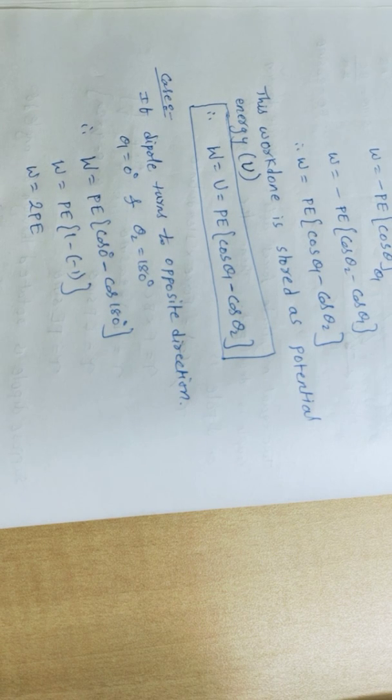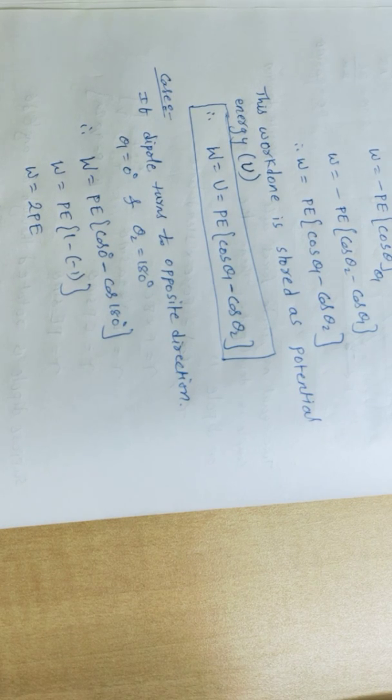Okay friends, now I want to discuss one small case. If the dipole turns to the opposite direction in a given electric field, let theta 1 be 0 degrees and theta 2 be 180 degrees. So in the above equation, W is equal to P into cos 0 degrees minus cos 180 degrees.